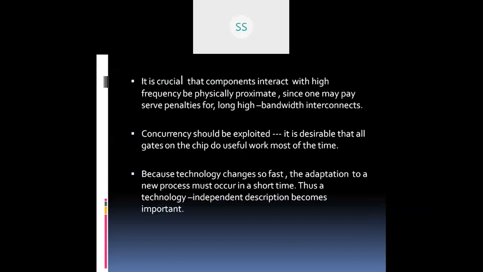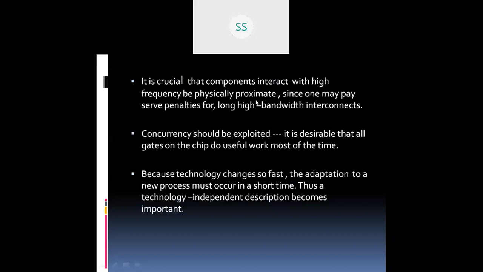The next consideration is that components which interact with high frequency should be physically proximate, since one may pay penalties for long high bandwidth interconnects. This point is related to the interaction between the sub functions or sub modules.